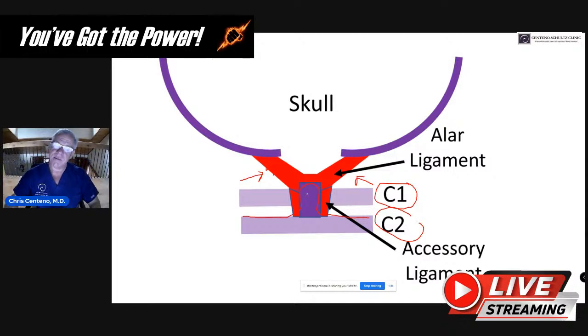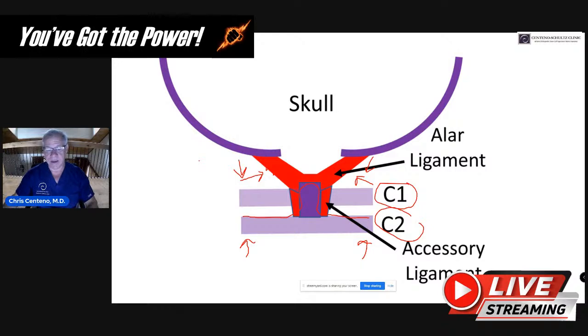So it bonds the skull to C2, and it sandwiches C1 in there between the two. Obviously, there's going to be some force there to keep C1 in place. The atlas also fits into the skull through the occipital condyles, so it's generally not going to move as much.